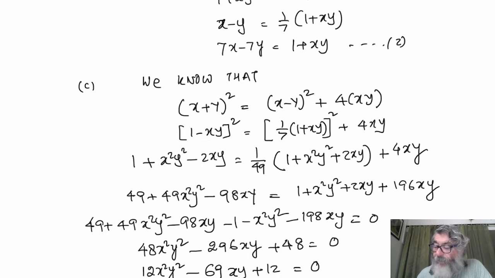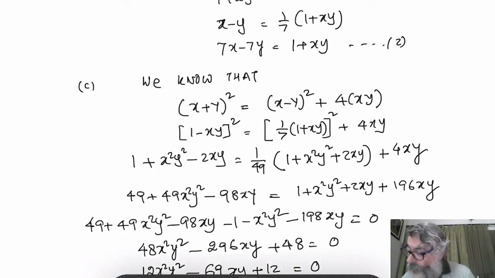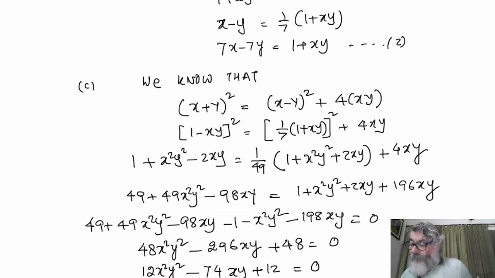I think further I can divide it by 3. Can I divide it by 3? We have done it wrong here. 4 7 are 28, and 4 4 are 16.